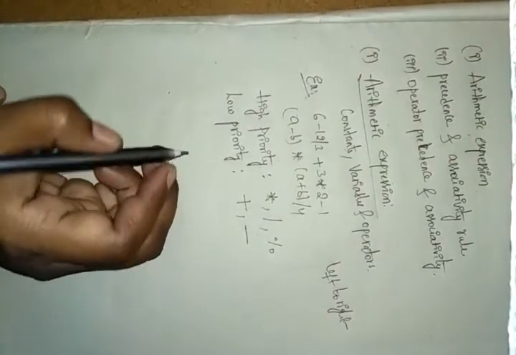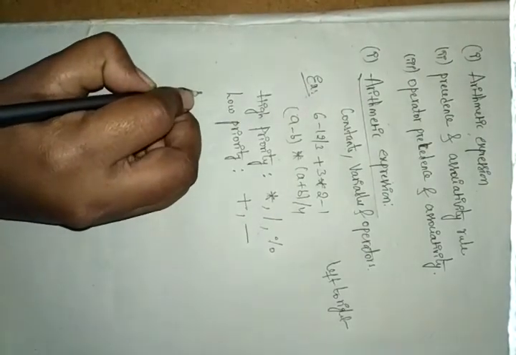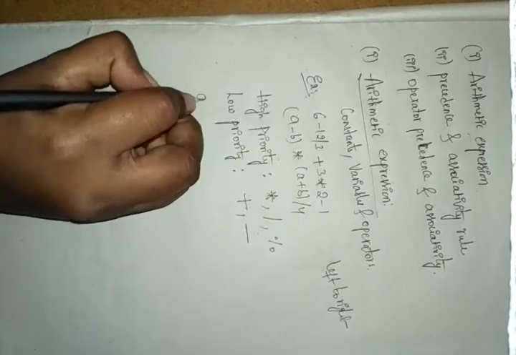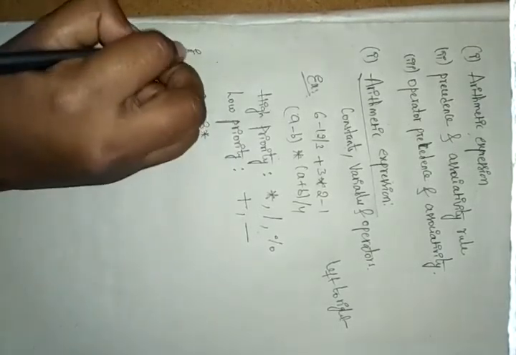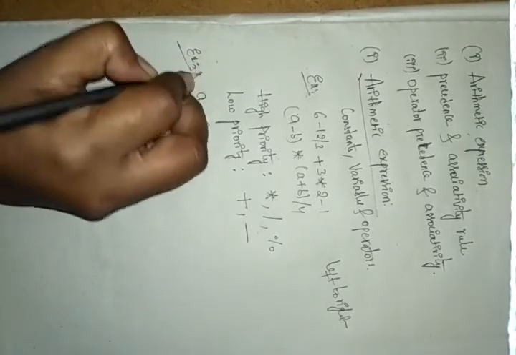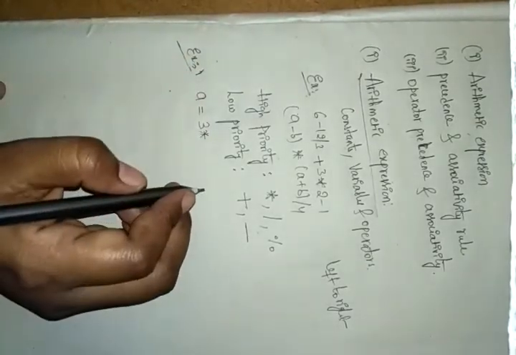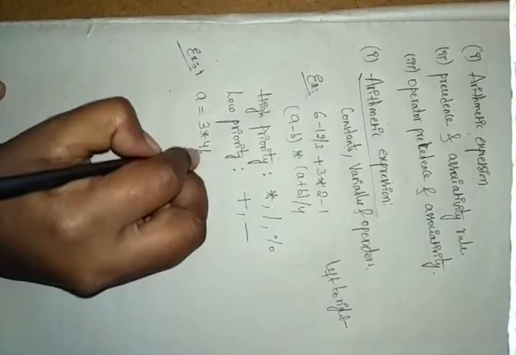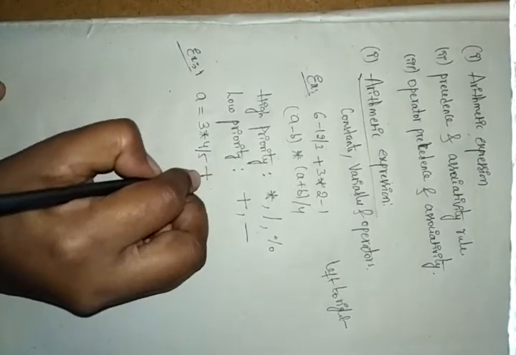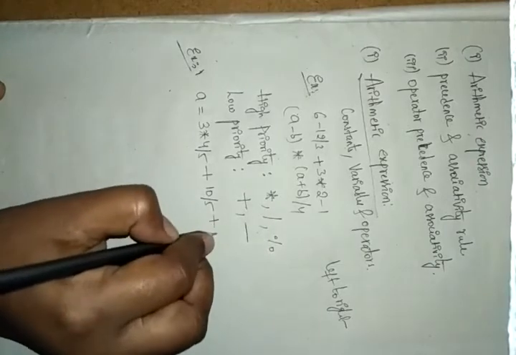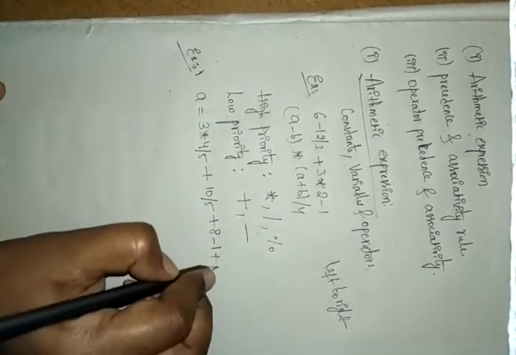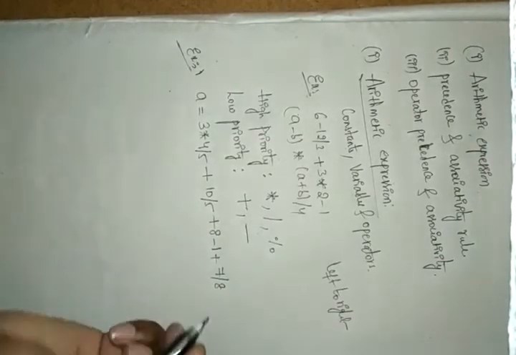Here I am giving one example of how we reduce this expression into one single value. Example 1: a is equal to 3 into 4 by 5 plus 10 by 5 plus 8 minus 1 plus 7 by 8.